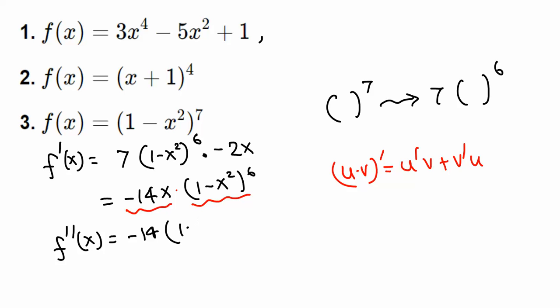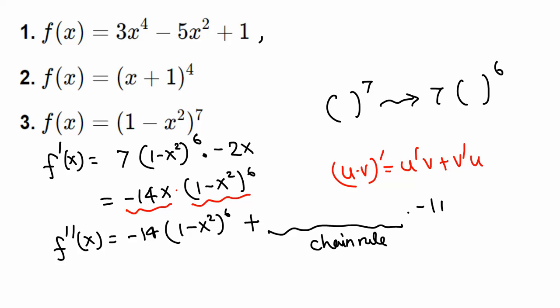second factor alone, so 1 minus x squared to the 6th, plus derivative of second factor, which is something raised to 6, so we need to use the chain rule. Okay, derivative of second factor, that's the chain rule, times leave the first factor alone, that's negative 14x. So a lot of work here.